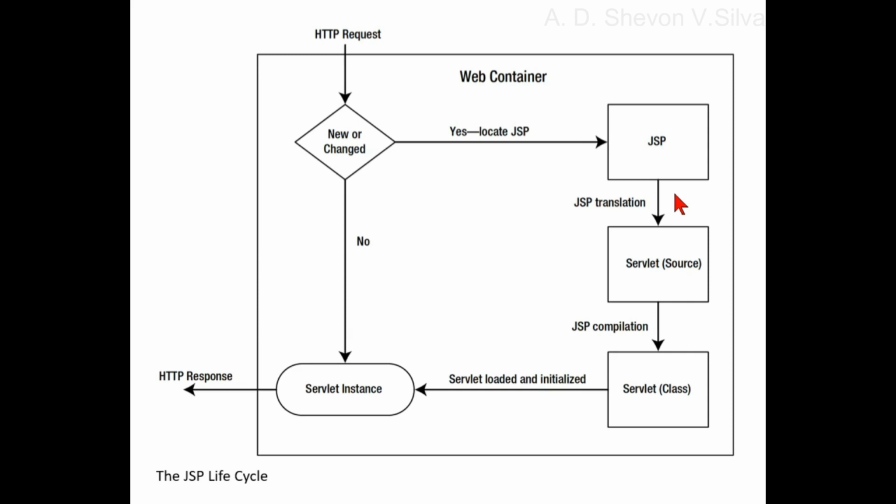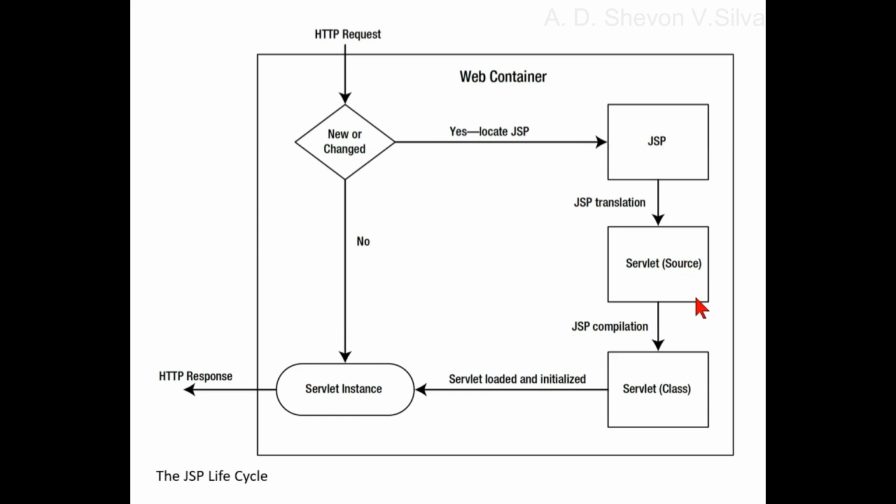When a request is first made for a JSP page, assuming it hasn't been precompiled, the JSP engine will examine the JSP file to check it's correctly formed and that the syntax is correct. If the syntax check is successful, the JSP engine will translate the JSP page into its page implementation class, which takes the form of a standard Java servlet.